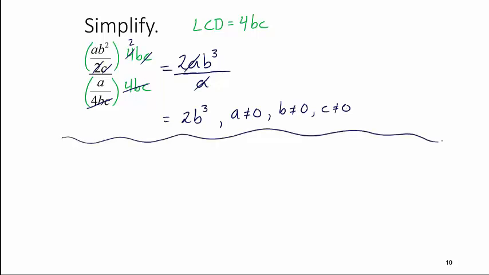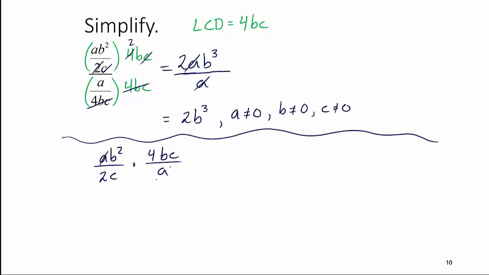Okay, so now I want to look at this in that other way, right? So if we take the numerator of ab squared over 2c and we multiply it by the reciprocal of the divisor, so 4bc over a, start canceling things.